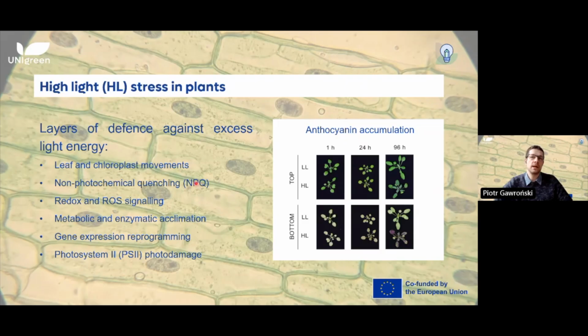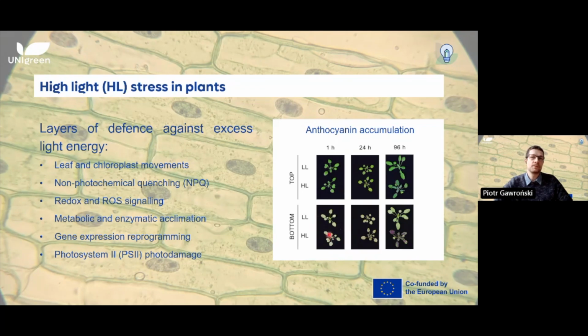Moreover, the high light response is often linked to redox and ROS signaling, which in turn leads to metabolic and enzymatic changes. One of the visible examples of this response is the accumulation of anthocyanins, as you can see in this photograph, in Arabidopsis plants exposed to high light stress.